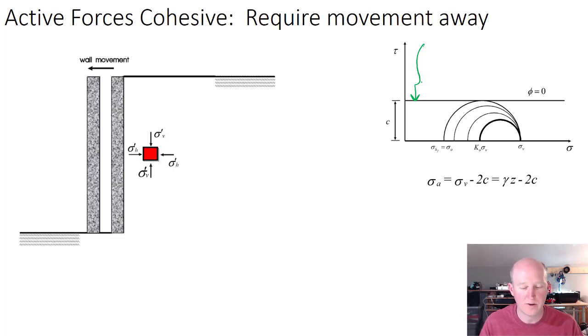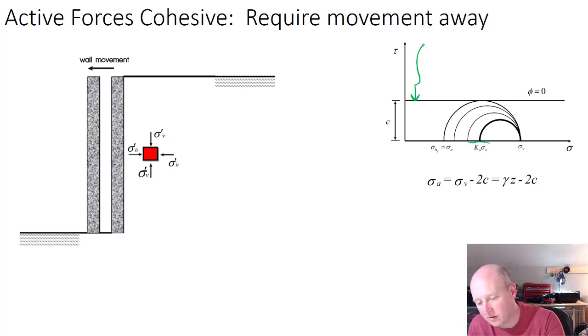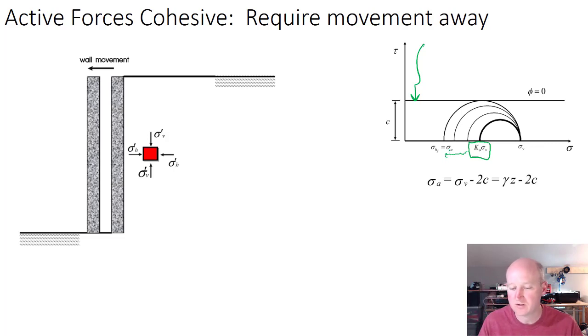No matter what happens, the soil strength is essentially fixed. So as the horizontal at-rest stress reduces as the wall's moving away, the Mohr circle reduces the horizontal stress until failure is reached, and at that point this soil will start to fail.